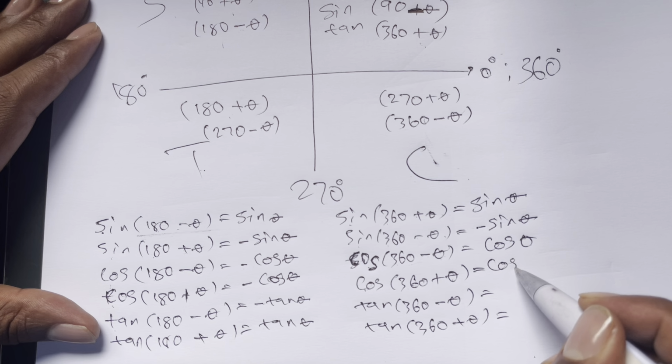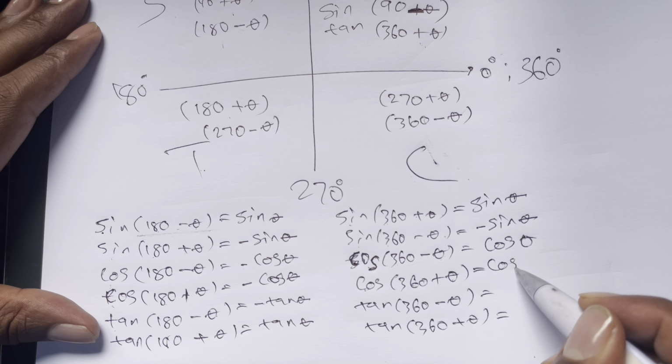Then we have tan into 360 minus theta. 360 minus theta for tan is in the fourth quadrant, so tan is negative. Then you have tan into 360 plus theta. 360 plus theta is in the first quadrant, so tan is positive. Tan theta.